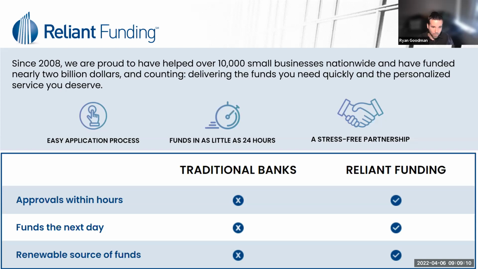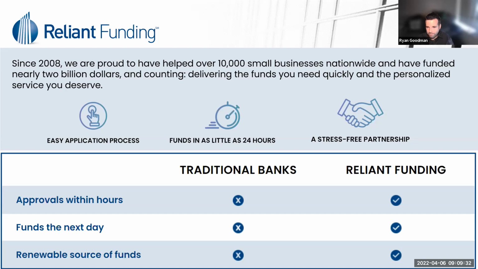Unlike a traditional bank, a small business, a restaurant or a construction company, can come to us with a need of anywhere from $5,000 to upwards of $400,000. We can work with, underwrite, approve, and potentially fund a merchant within 24 hours.